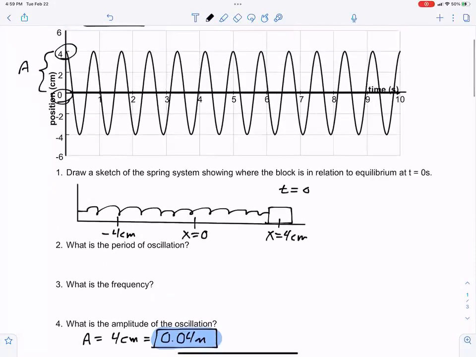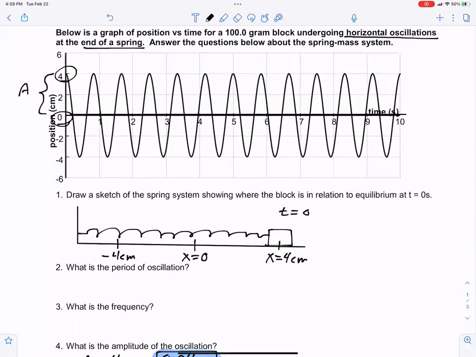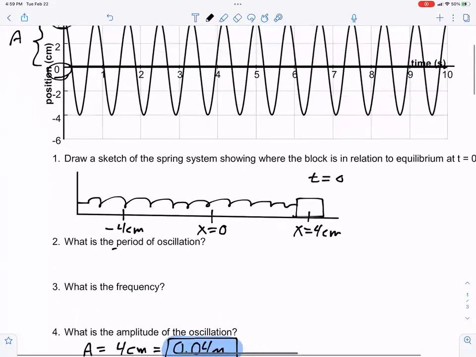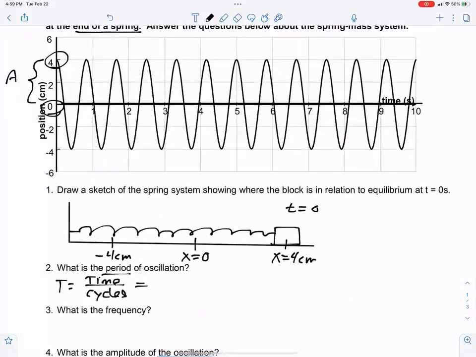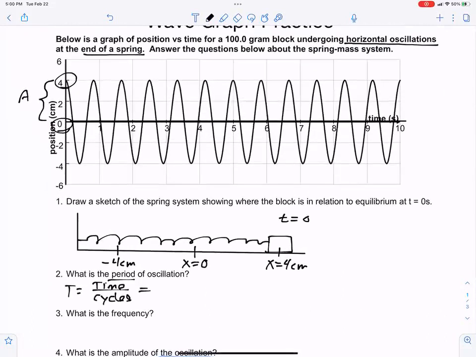What is the period of oscillation? Well, to figure out the period of oscillation, the period T would be the time divided by the number of cycles. So let's take our graph and figure out, first of all, how many cycles there are.